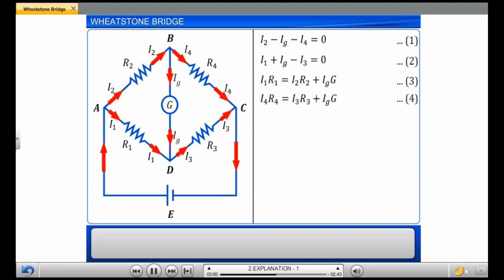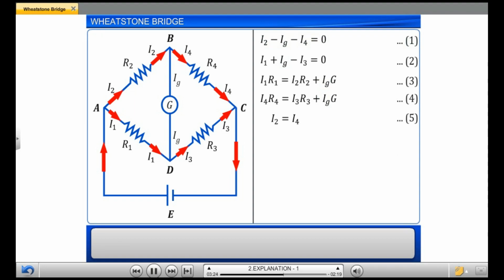As a special case, the values of R1 to R4 are chosen in such a way that IG becomes 0. Now, substituting IG equal to 0 in equation 1 and simplifying, we get equation 5.